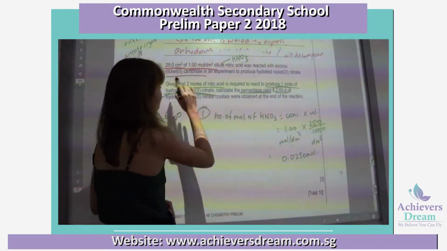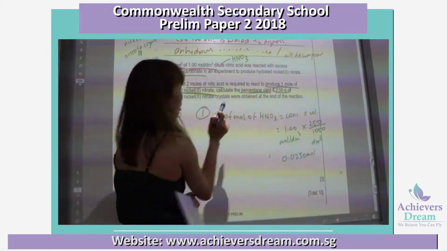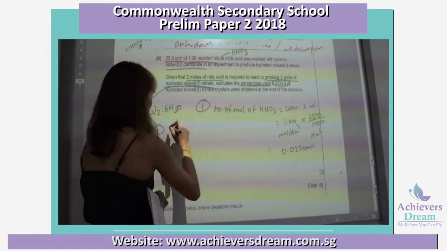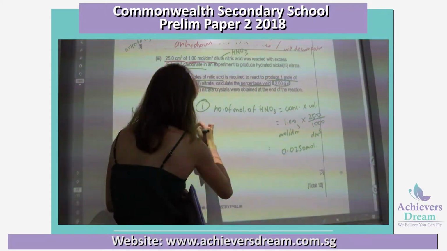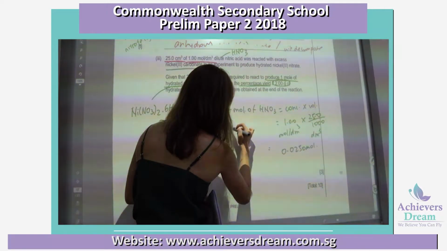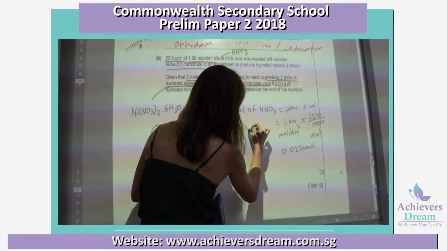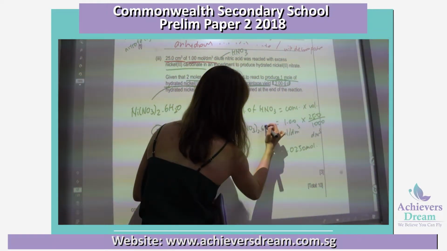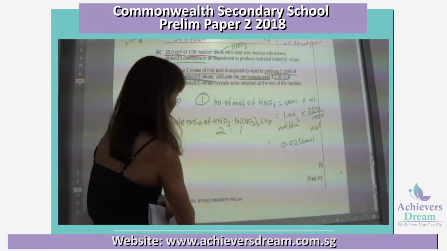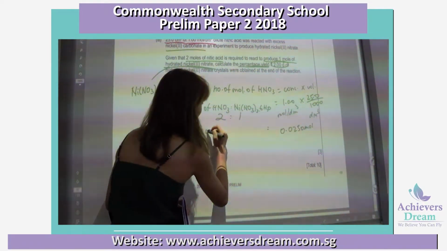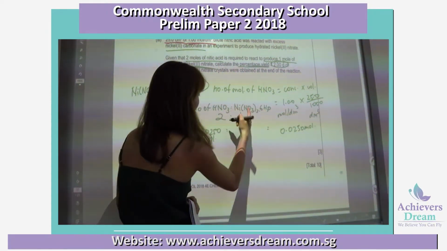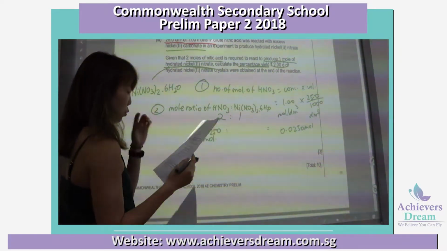Okay, then the second step. They told you that 2 moles of HNO3 is required to produce 1 mole of your hydrated nickel 2 nitrate. Correct? So essentially they are telling you the mole ratio of HNO3 and Ni(NO3)2·6H2O is 2:1. Correct? So if I have 0.0250 mole of nitric acid, what is the number of moles of nickel 2 nitrate?